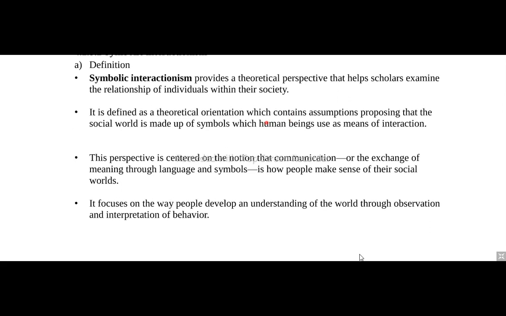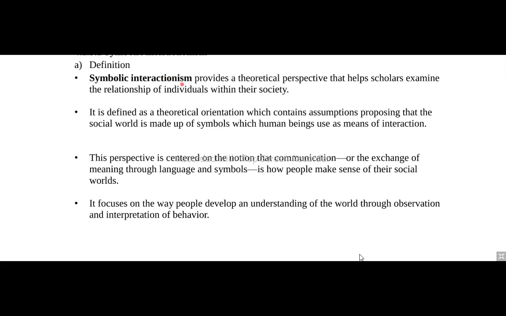It is defined as a theoretical orientation which contains assumptions proposing that the social world is made up of symbols which human beings use as a means of interaction.